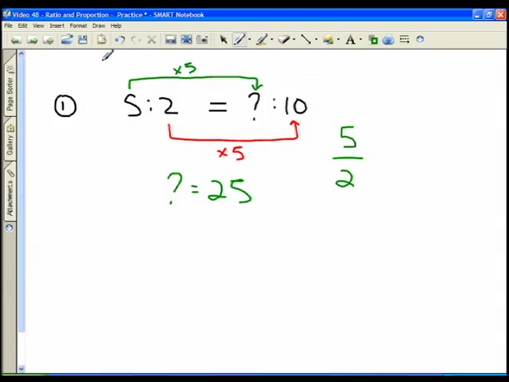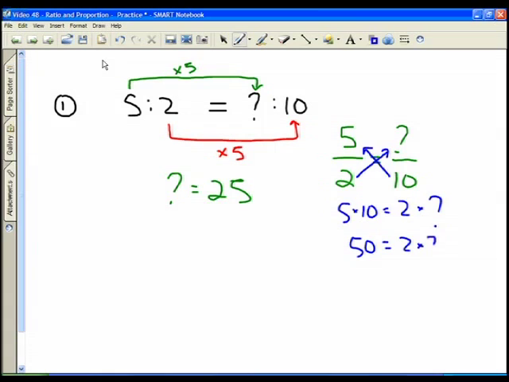And notice here that we could also solve these ratios this way. And we can represent 5 over 2 is equal to something over 10. And very quickly here, if we cross multiply, remember top to bottom, we get 5 times 10 is equal to 2 times our unknown. And 5 times 10 is 50, and 2 times our unknown.